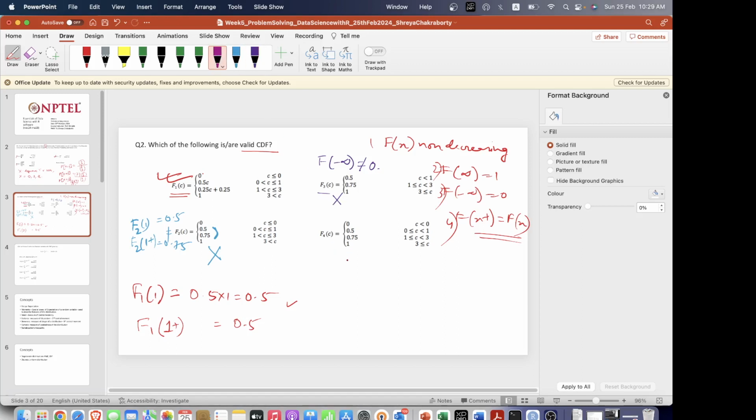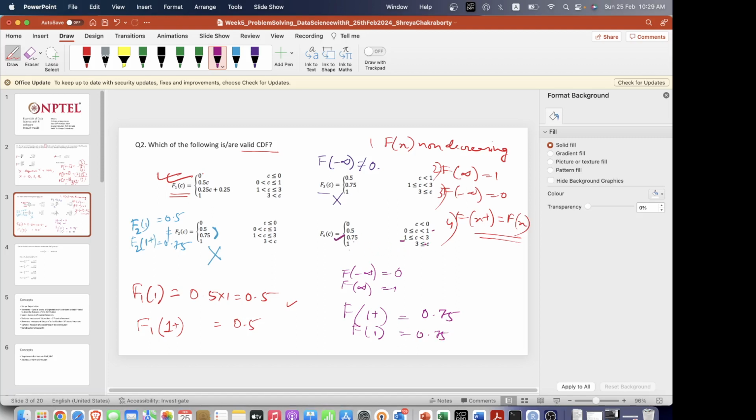Now the next one is this one. So here we see F of minus infinity is 0, F of infinity is 1. F is non-decreasing: 0, 0.5, 0.75, 1. And F of 1 plus is equal to 0.75, and F of 1 is also 0.75. So at this discontinuity point, it's right continuous.